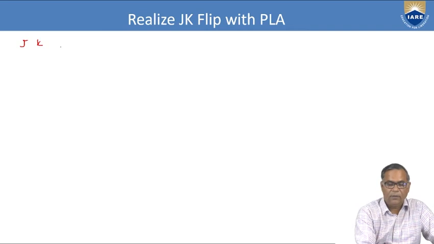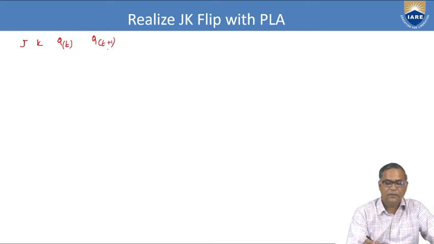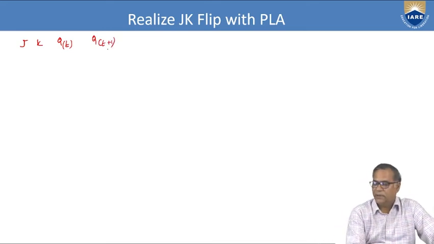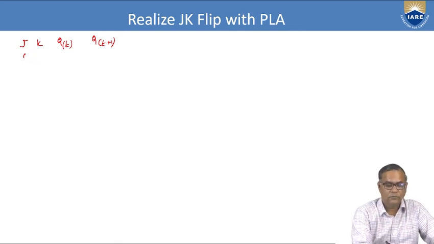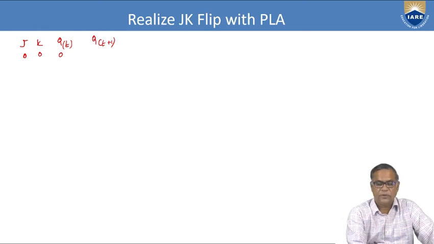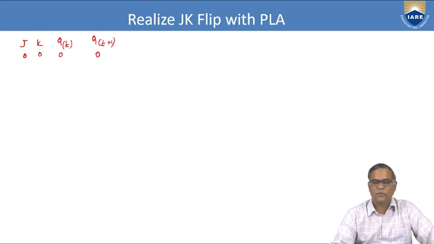JK, and you have the present input and the next output. So when all are 0, 0, 0, you get the output as 0. Okay.